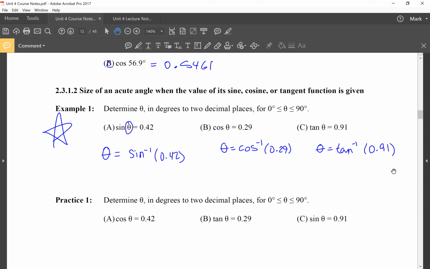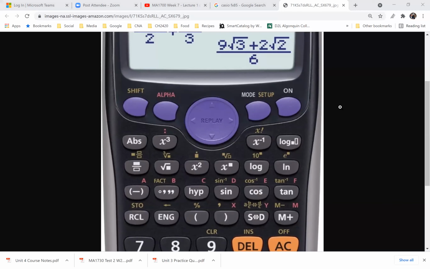Now, how do you do that? What's an inverse? Well, luckily, I have my calculator open. To get the inverse on your calculator, you would press Shift, then the sine button. And that's it.